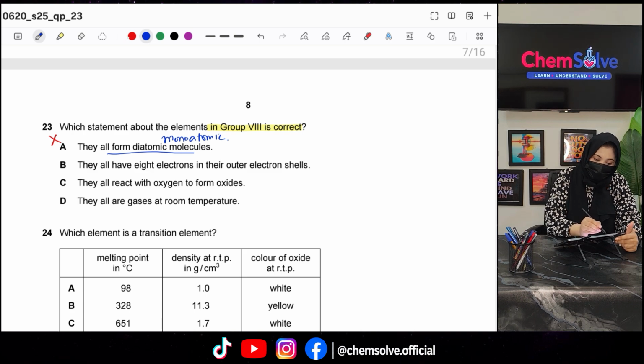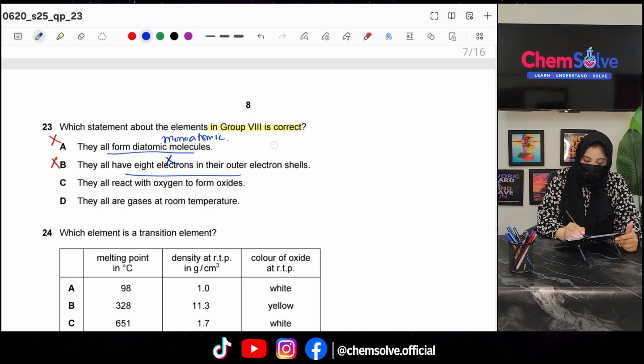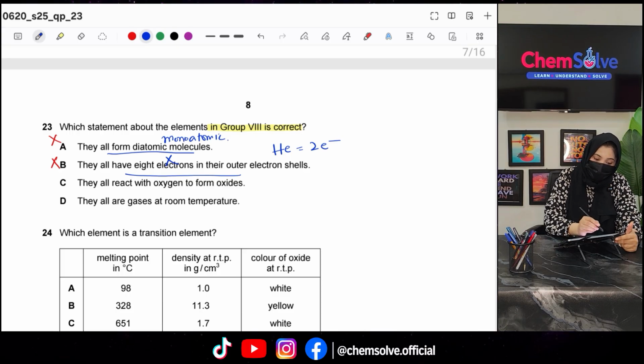They all have 8 electrons in their outer shell. Of course not, because helium has only 2 electrons. They all react with oxygen to form the oxide. No, because they are unreactive.